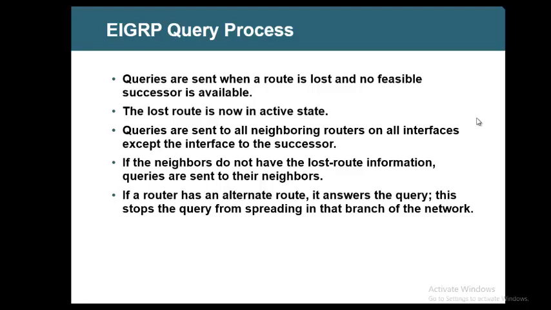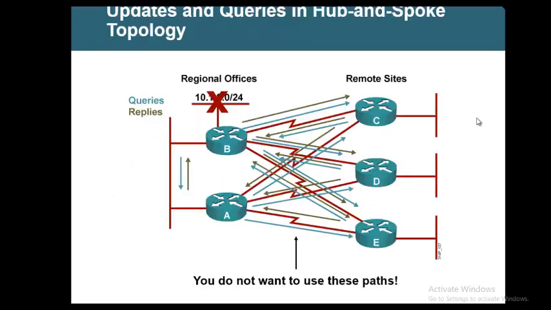So we are trying to understand the influence on scalability. What we are seeing is we need to control this query, because this query is going too deep in all directions. When a query is received, all the neighbor routers will forward it to other neighbors via all the interfaces that they got.